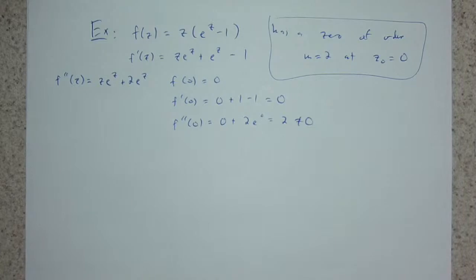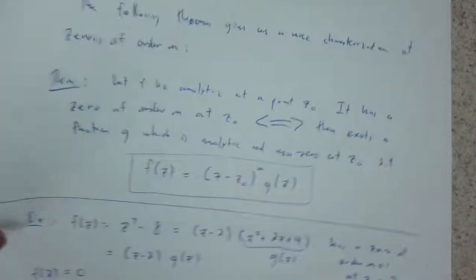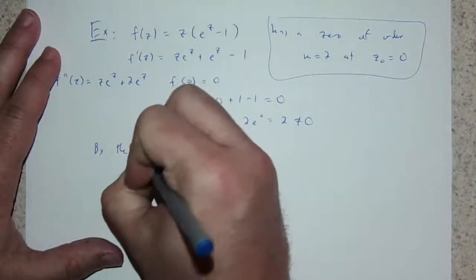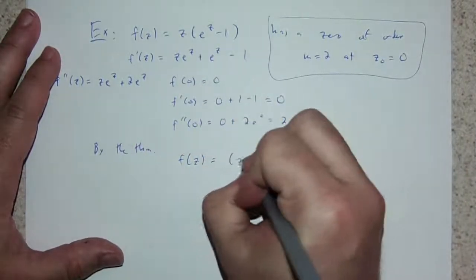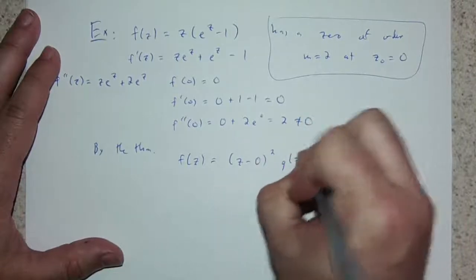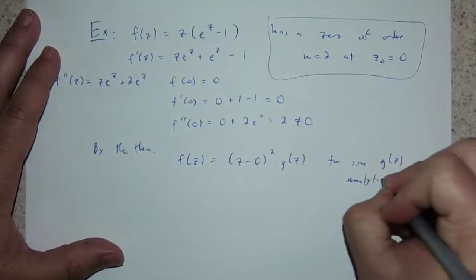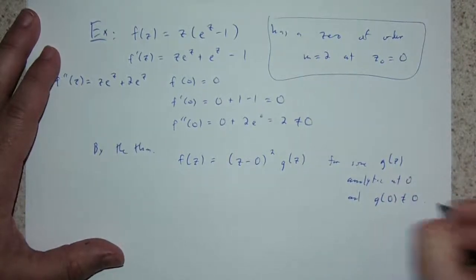So according to this theorem, I did that by the definition, but I should be able to write f as z minus z naught squared times g of z. So by the theorem, f of z should be equal to z minus 0 squared times g of z for some g of z analytic at 0 and g of 0 non-zero.